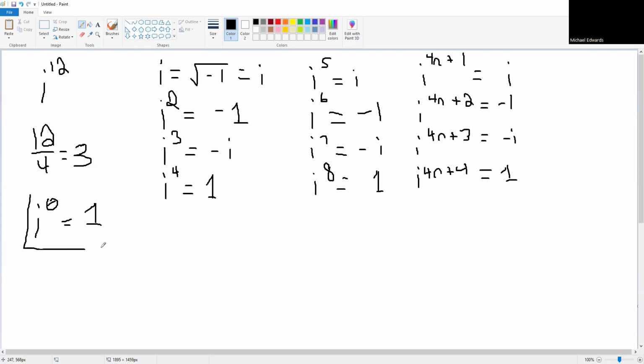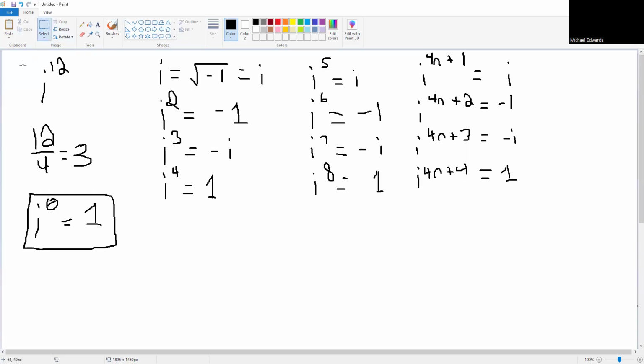It says that's the solution, but there is no saved memorized value for i to the 0. We'll see if we see that again. If we do, we'll know that i to the 0 equals 1.